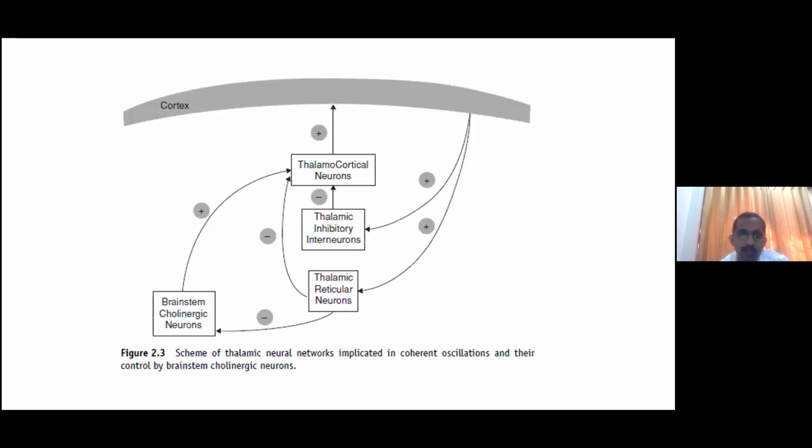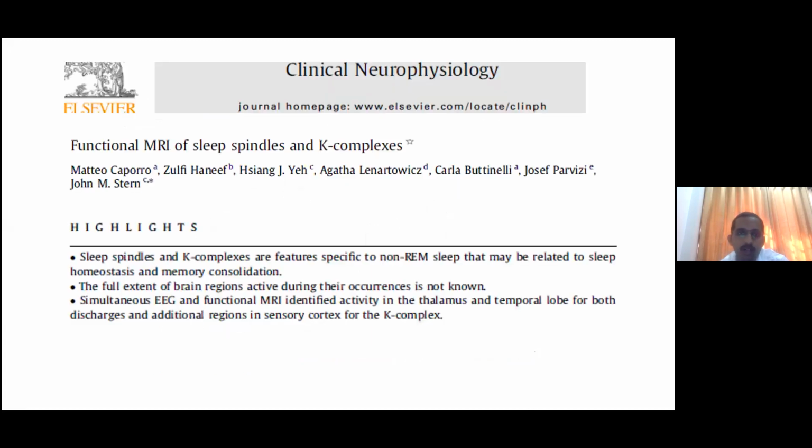This switching happens, apart from the cortical, predominantly in the thalamic inhibitory neurons, thalamic reticular neurons, and brainstem cholinergic neurons. Different parts of the brain take part in the generation of this kind of electric activity which we record from the scalp.